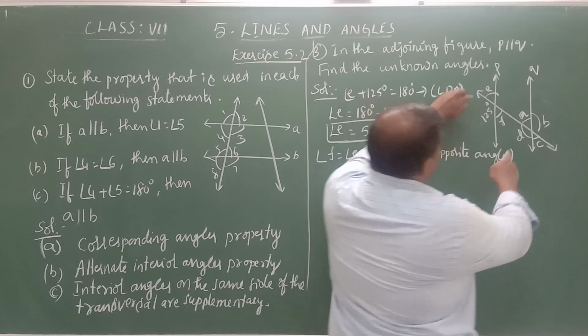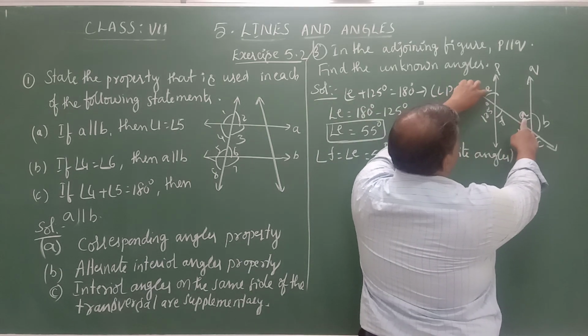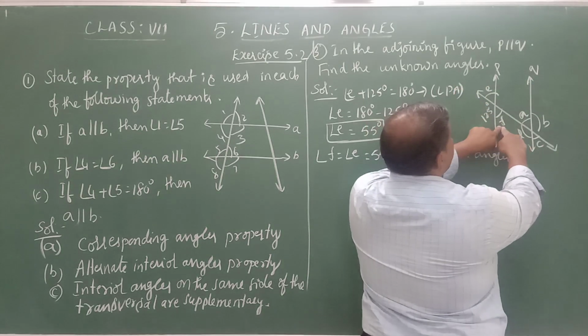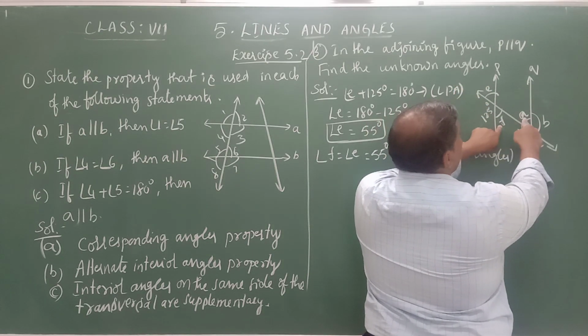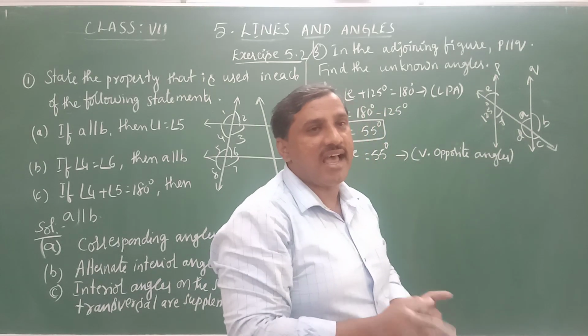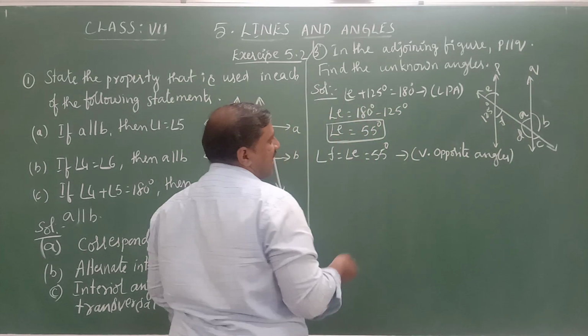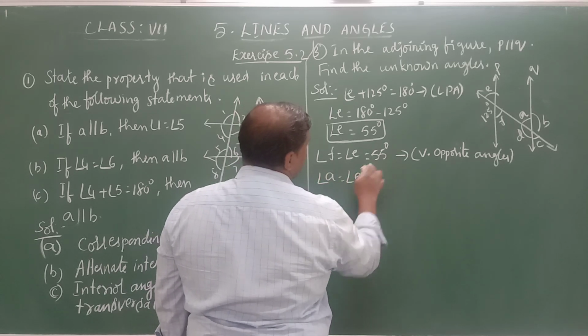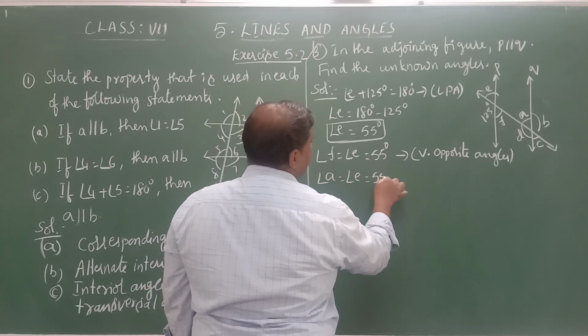Now observe, what about angle E and angle A? Angle E and angle A, they are corresponding angles. Angle F and angle A, they are alternate interior angles. So we can find that angle A is equal to angle E, that is, 55 degrees.